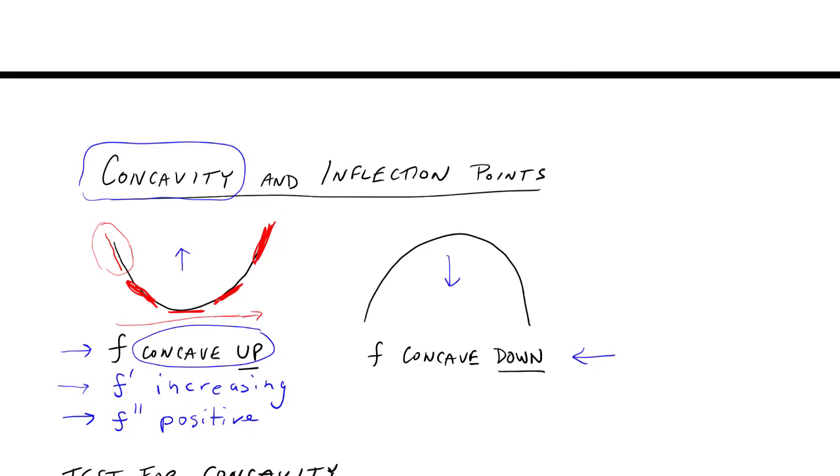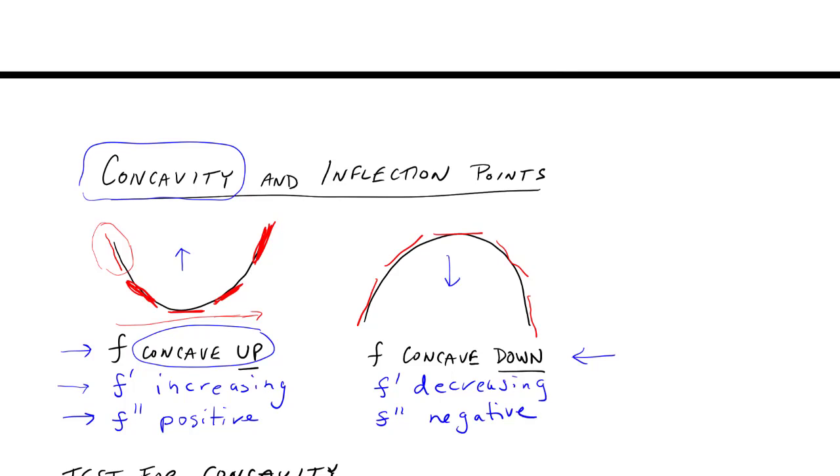Similarly, if we look at the concave down example, let's move through the function from left to right. Very positive slope, somewhat positive slope, 0 slope, somewhat negative slope, very negative slope. So over this whole time, f prime was decreasing. And if a function is decreasing its derivative, so now f double prime is negative.